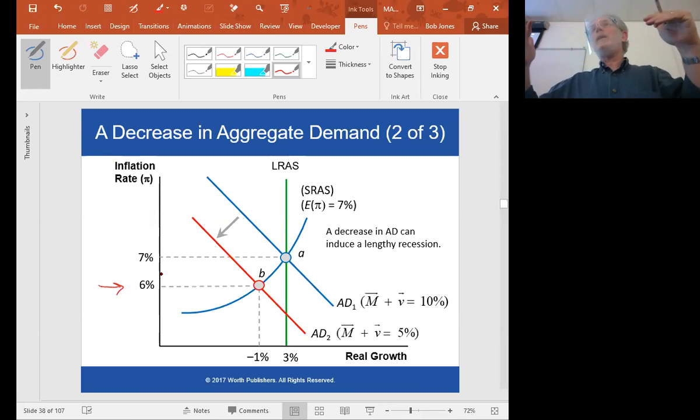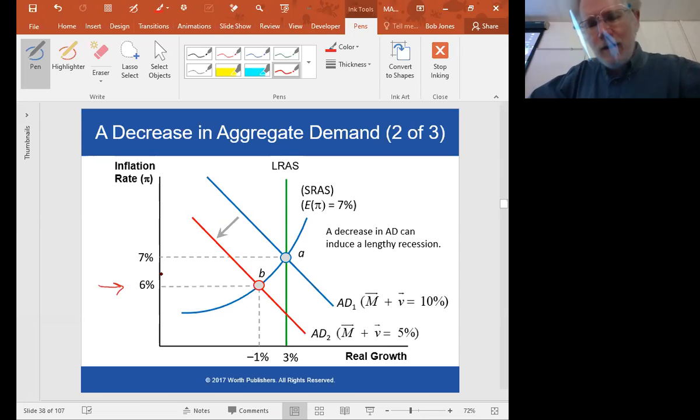What does that imply about profit margins? Profit margins are going to be lower. And if profit margins are lower, they have less incentive to produce. And so in the short run, the growth rate of real output declines. Okay? We started here.